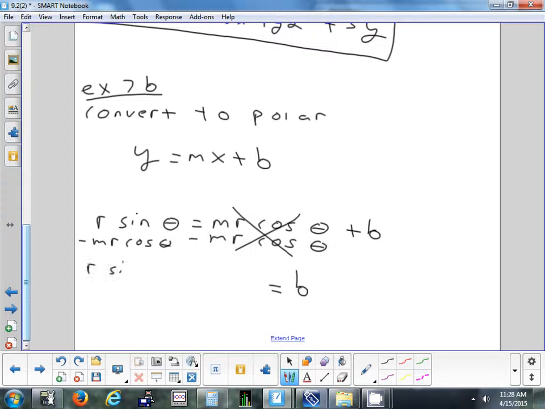We have r sine theta minus m r cosine theta. Both terms here have an r in common. Since they both have an r in common, what can you do with the r?